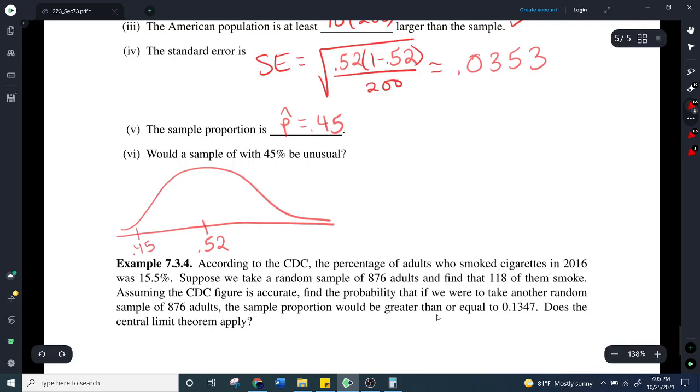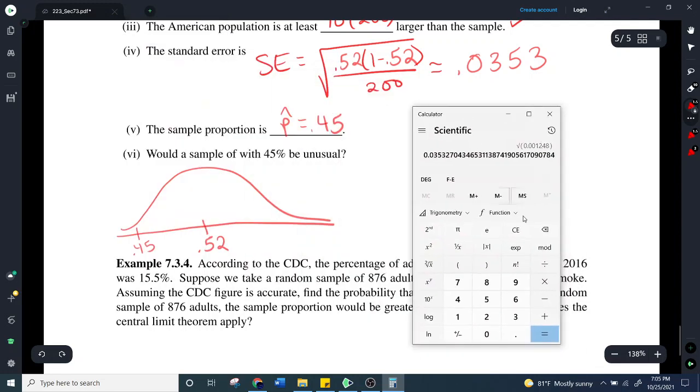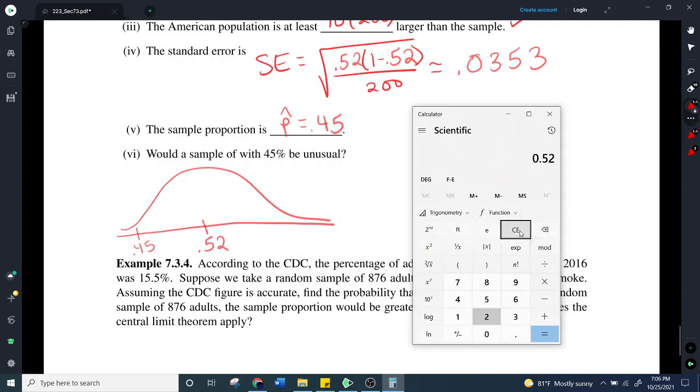So I need to figure out what is 2 standard errors below the mean this time instead of above. My mean was 52%, and if I subtract 1 standard error, I get a value of 0.4847. I'm going to round that just because I'm short on space here. I'm going to say 0.48.